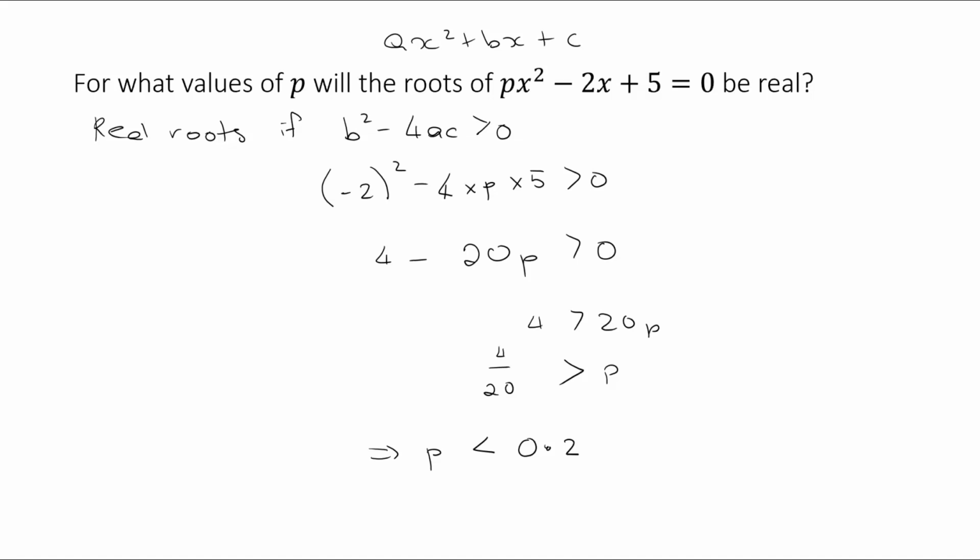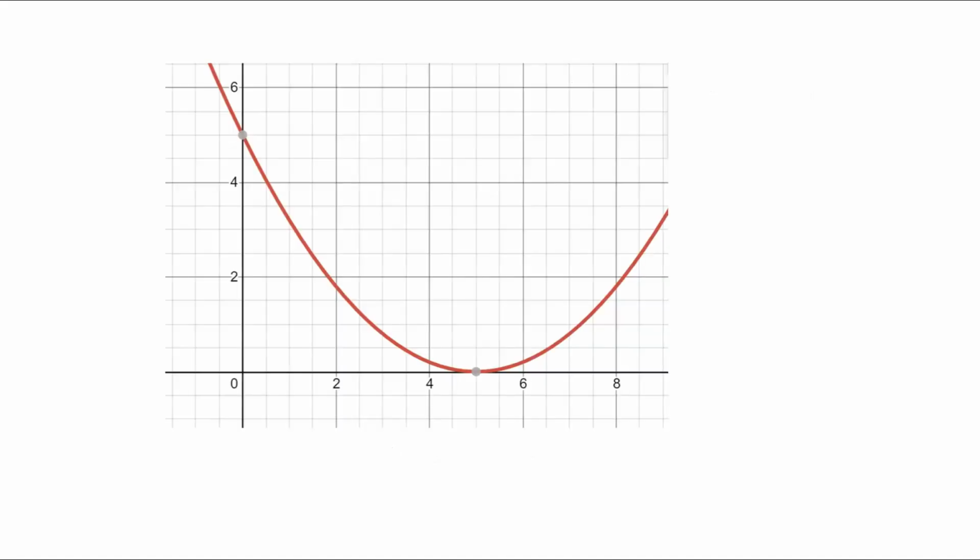Now, if we look at the graph of that, this is the graph of 0.2x squared minus 2x plus 5. You can see here that this is the limit of where the roots will be real. The roots are real if it's crossing the x-axis.